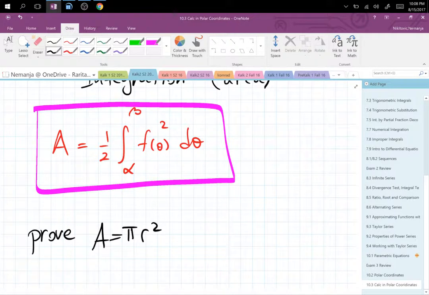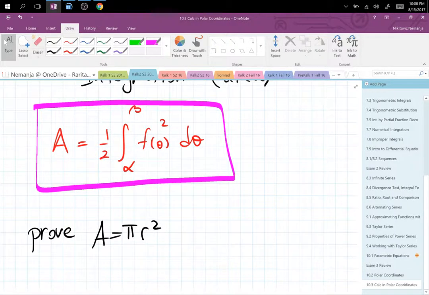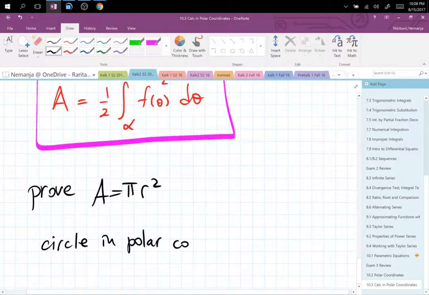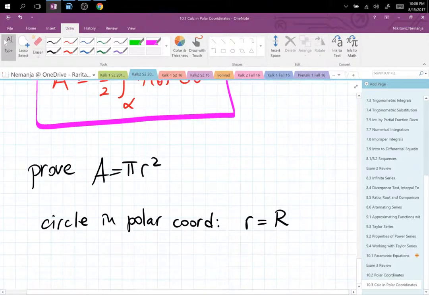All right, let's see. In polar coordinates, your circle will have equation r equals some arbitrary radius r, which could be 3, 5, whatever it is. So now the circle in polar coordinates has that equation.